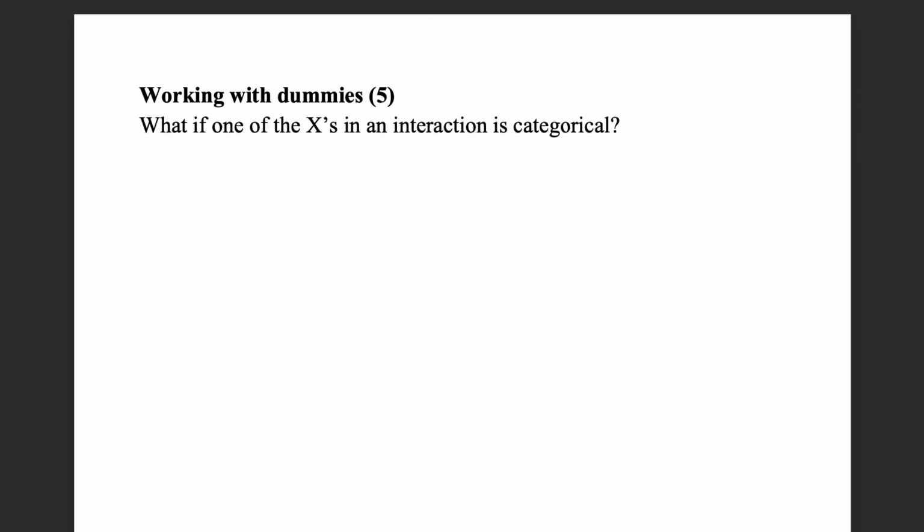A second thing I want to discuss on working with dummies is, well, we discussed interaction models last time around. And when we discussed these interaction models, we assumed that our independent variable and our moderator variable were both continuous variables. So what happens if one of our x variables in an interaction is a categorical variable?